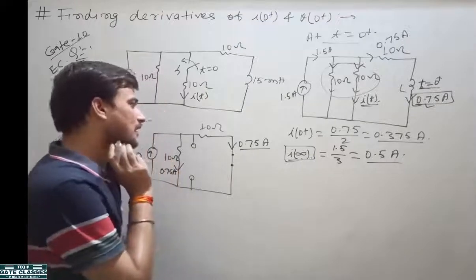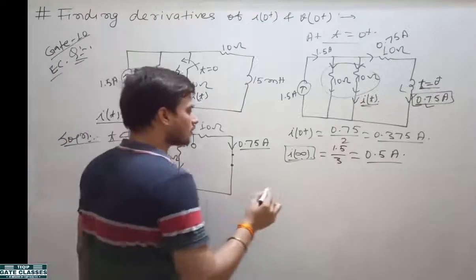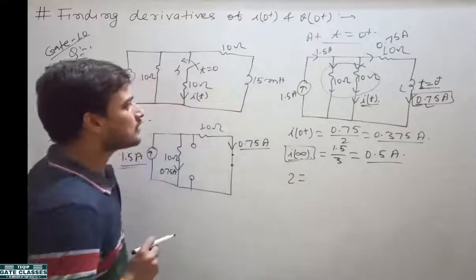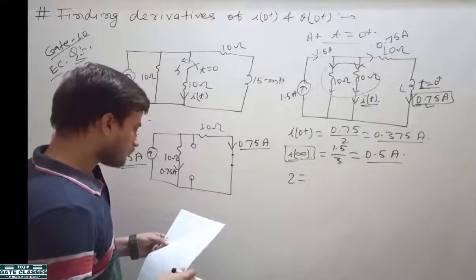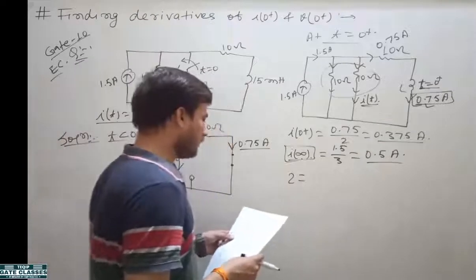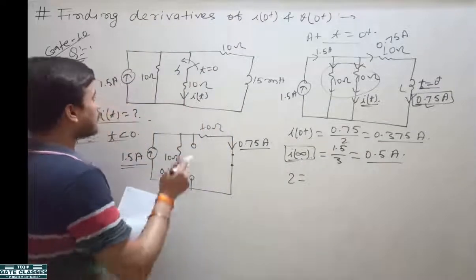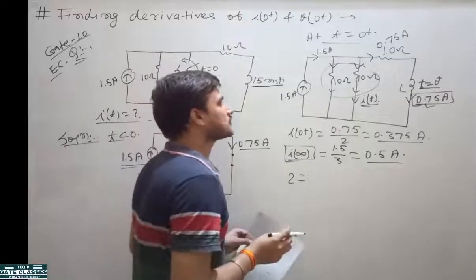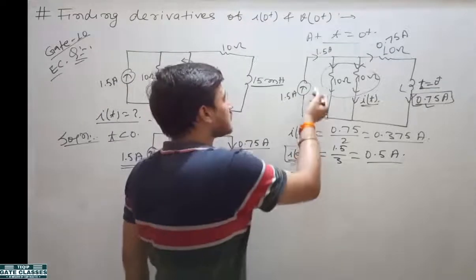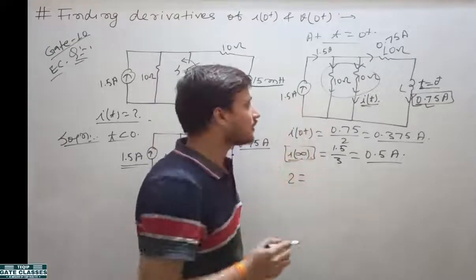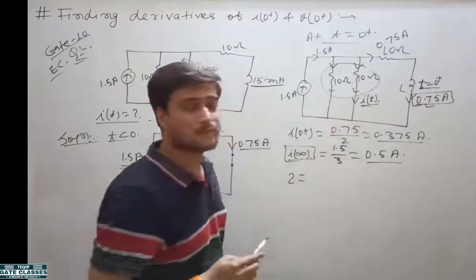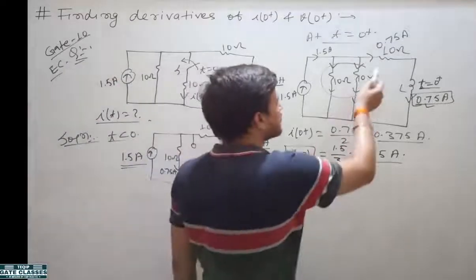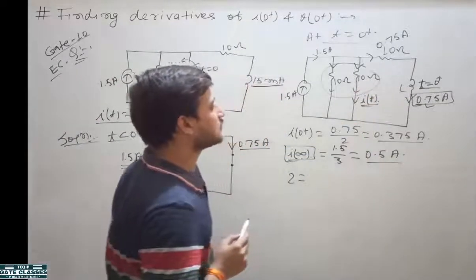Clear? Next you have to write time constant tau. The value of inductor was given as 15 millihenry. To find the time constant, this current source will be open circuited. These two resistors, 10 and 10, are in parallel, giving 5 ohm, plus this 10 ohm in series, that means 15 ohm.